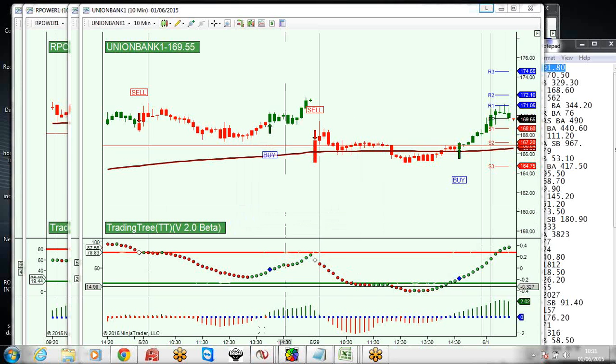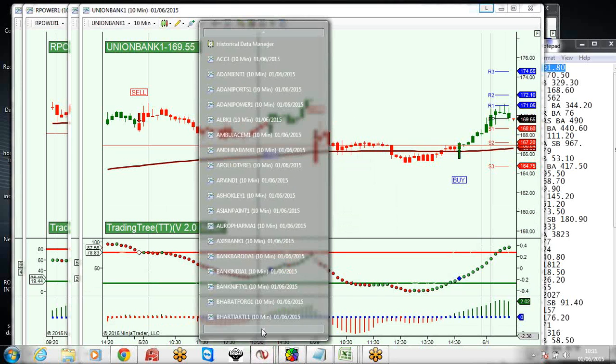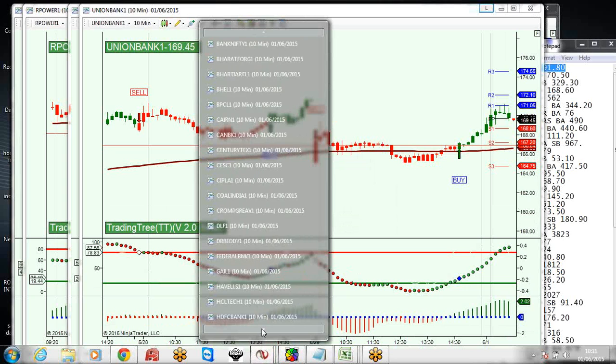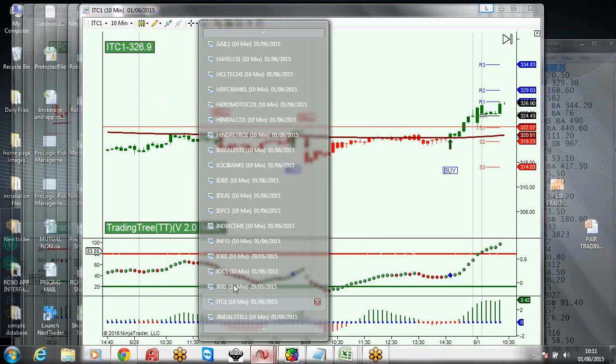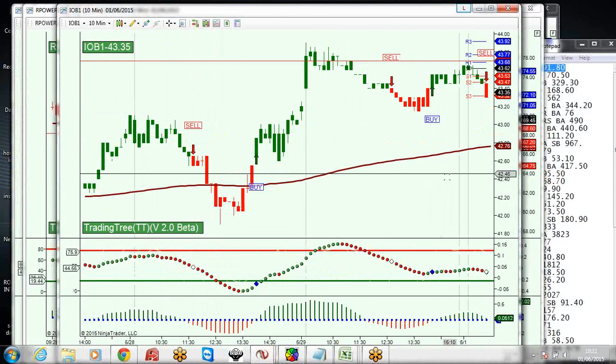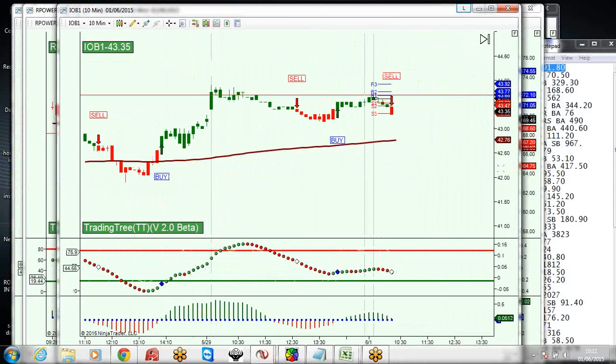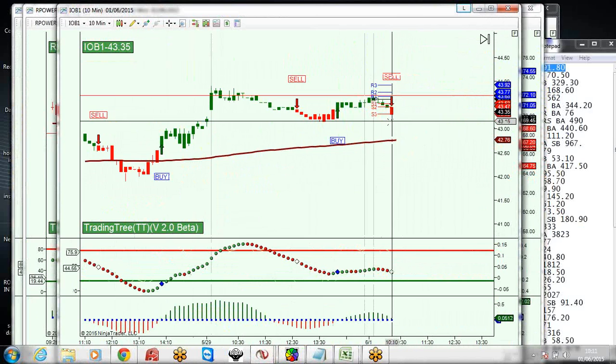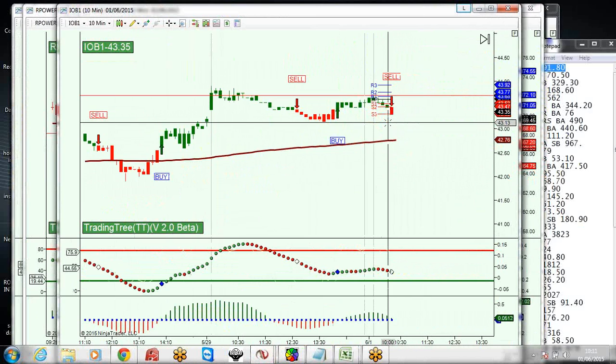IOB we have a sell. You can short it below this price to be safe. 43.10.